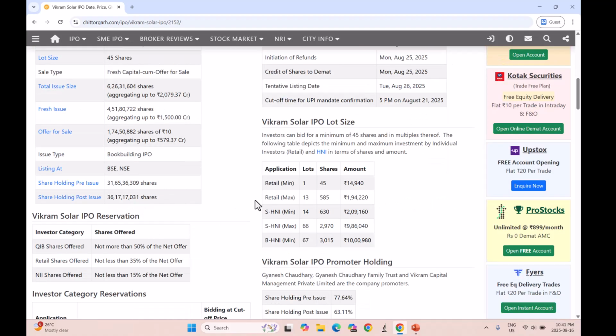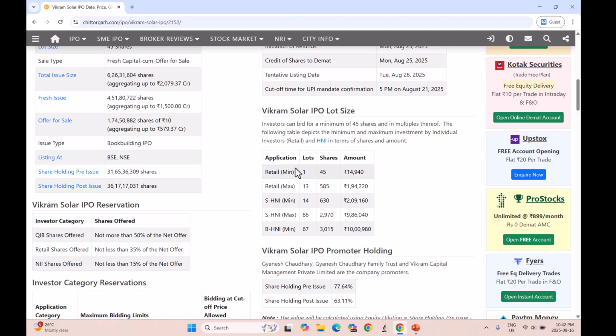For the retail participant, the investor can bid for a minimum of 45 shares and multiples thereof. For one lot, it consists of 45 shares, and you have to pay around 14,940 rupees. And the maximum you can apply for is 13 lots, which is up to 1,94,220. If it is more than that, those are considered small HNIs.